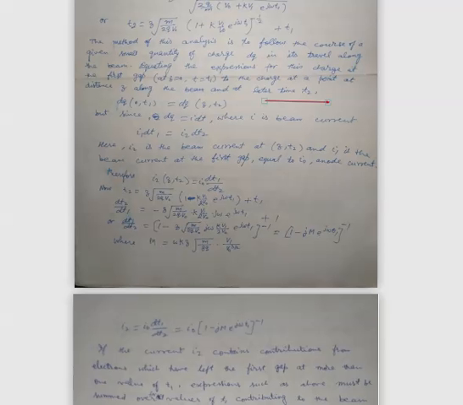So by the conservation of charge principle, dq at 0, t1 must be equal to dq at z, t2, but we also know that dq is equal to I dt, where I is the beam current.